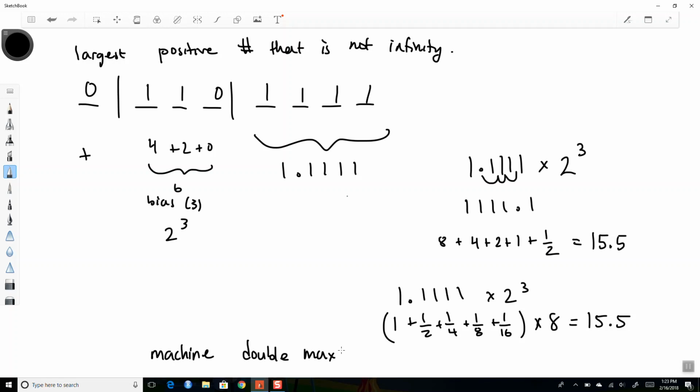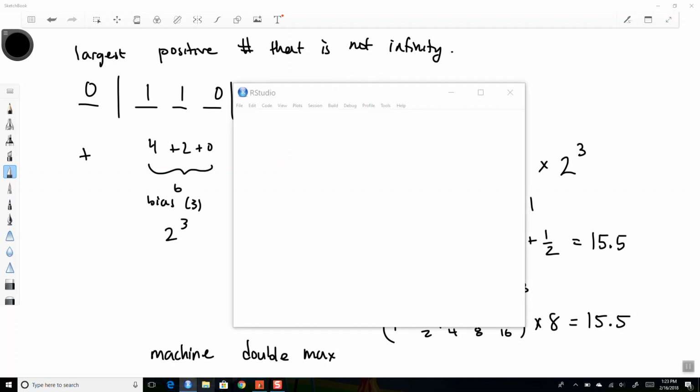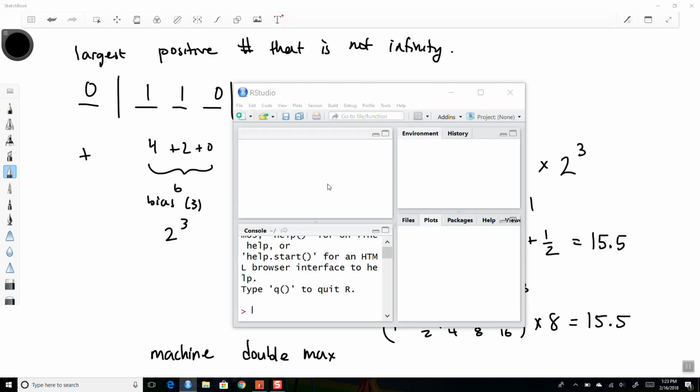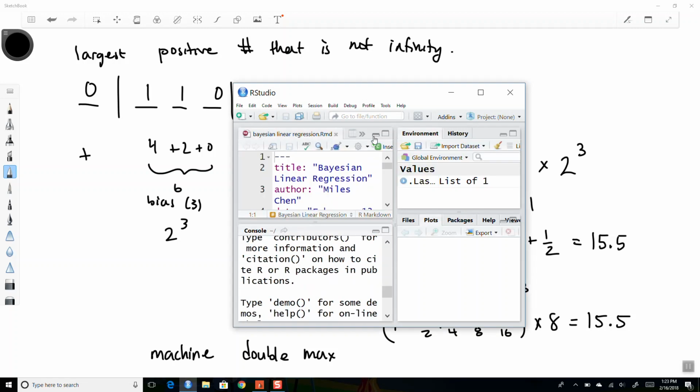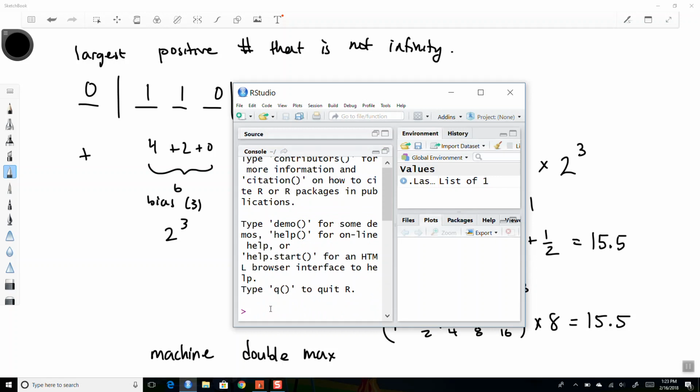All right, so let's start up R. Oops. All right. So I'll type in dot machine. Oh, is that not? No. Okay, it's dot capital M machine.